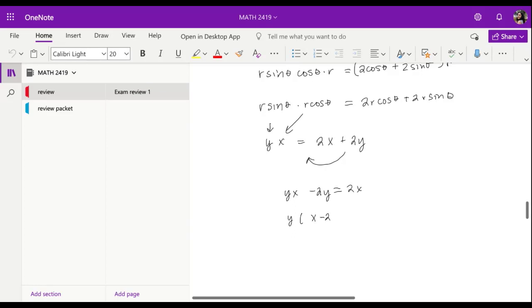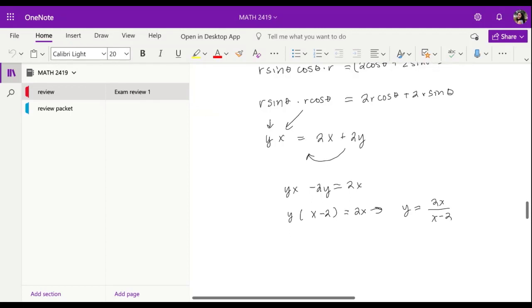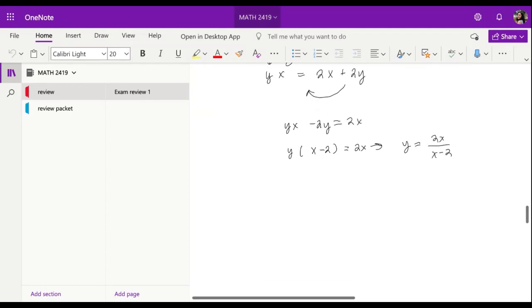And now you can bring the x minus 2 to the other side, and you'll end up with y equals 2x over x minus 2. So if you want to simplify it all the way, this would be your final answer. Any questions about that?